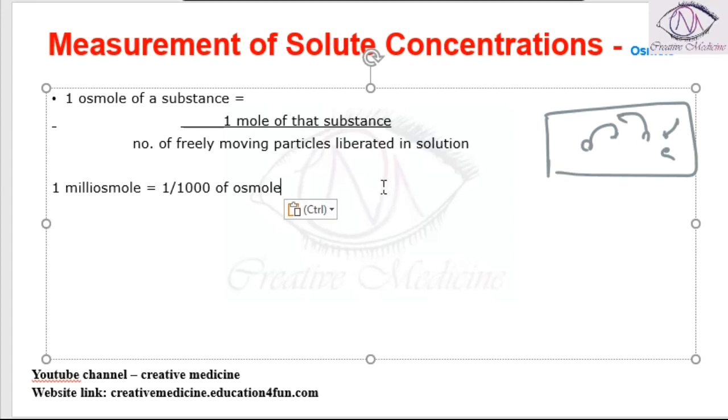So what does this mean? Here in 1 mole of sodium chloride, how many osmoles are there? Osmole is equal to 1 mole of sodium chloride divided by the number of freely moving particles in the solution.